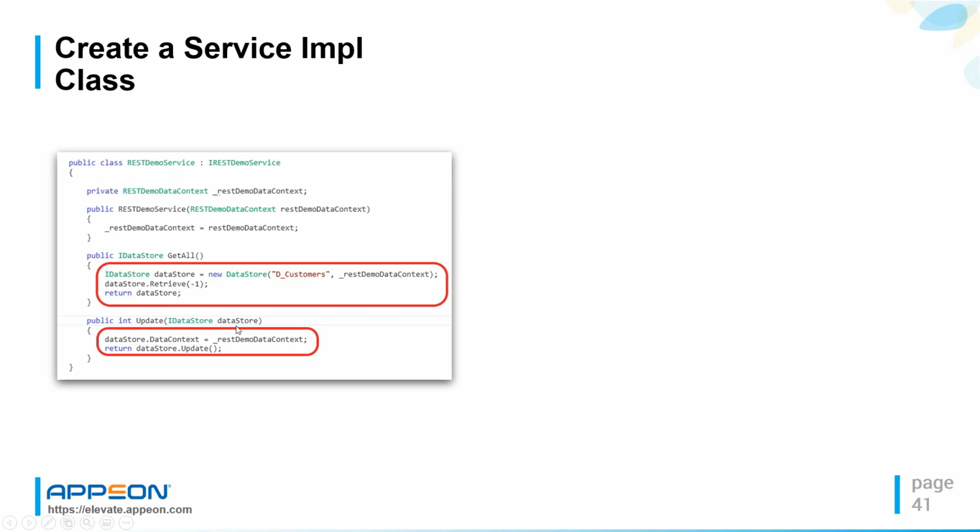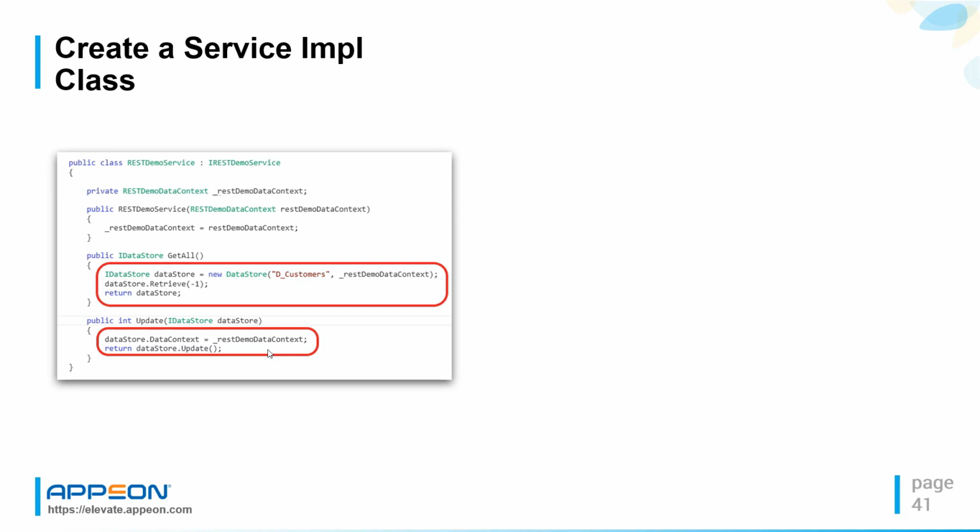Here's our update. The data store is coming in by reference. I'm doing essentially a set trans object on it, but what I'm doing here is dot data context equals the data context. Once again, that's pretty one-to-one between PowerBuilder, PowerScript, and the C# syntax.